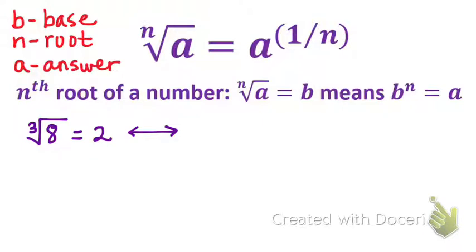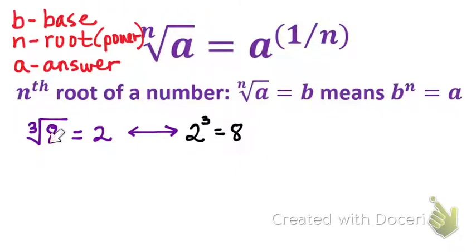So you could write this as the base is 2, so 2 to the power of the root, or you could say power. So 2 to the power of 3 equals 8. Would you agree with that? 2 times 2 times 2, is that 8? So if 2 times 2 times 2 is 8, that means that the third root of 8 is 2.